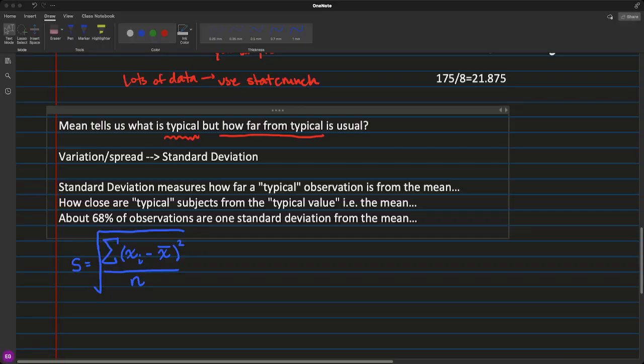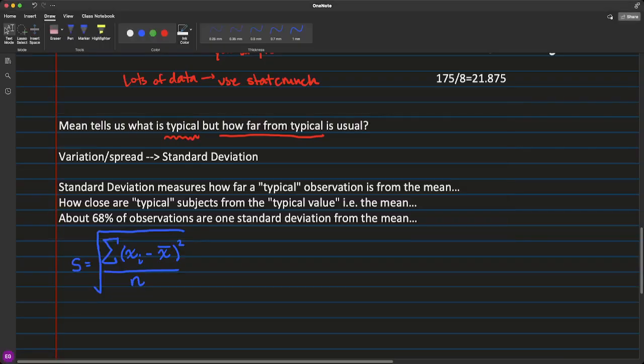So let me draw something. Your typical university had about $18,000 in fees. But the idea is standard deviation gives you some padding. You might cost up to $12,000 more, because that was the standard deviation, or you might cost $12,000 less.